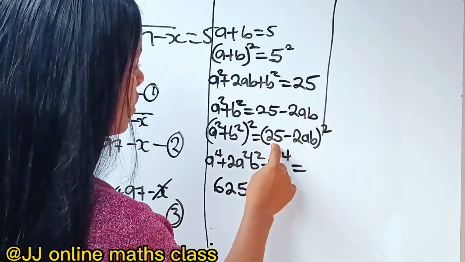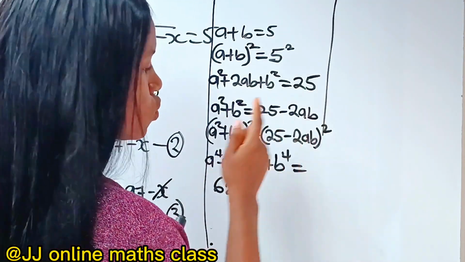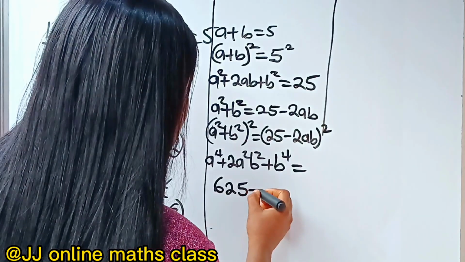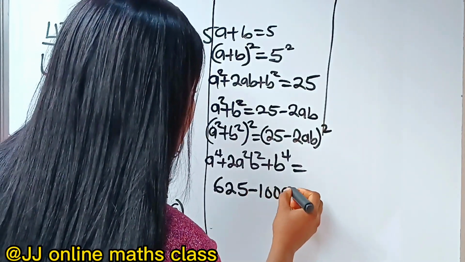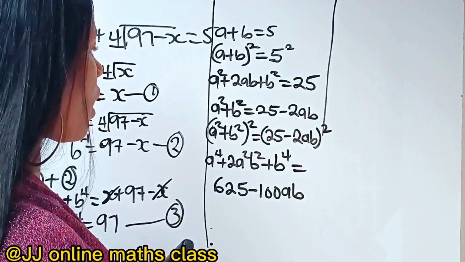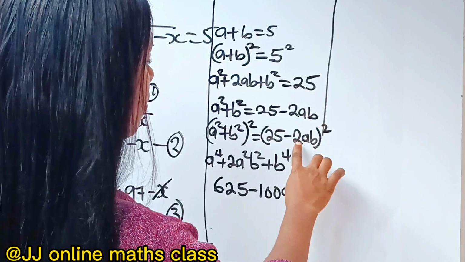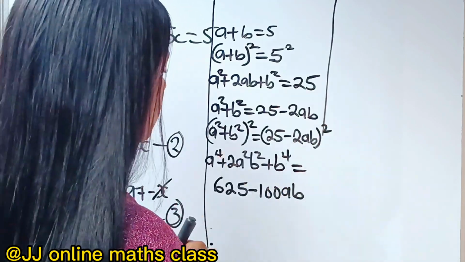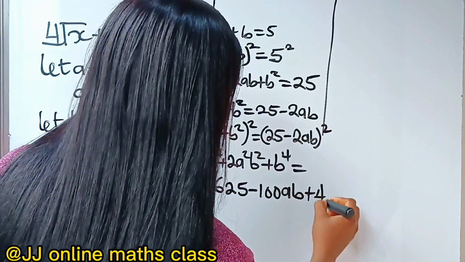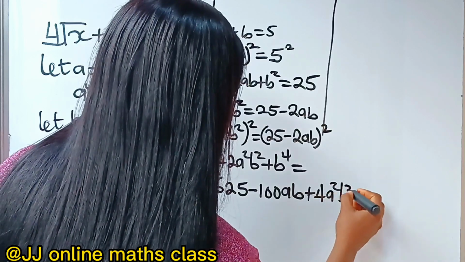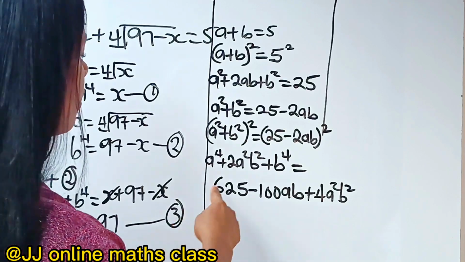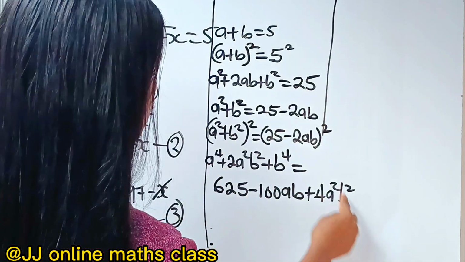Now 2 times 25 times minus 2AB will give us minus 100AB. Now minus 2AB squared will give us plus 4A squared B squared. That means this is equal to this.